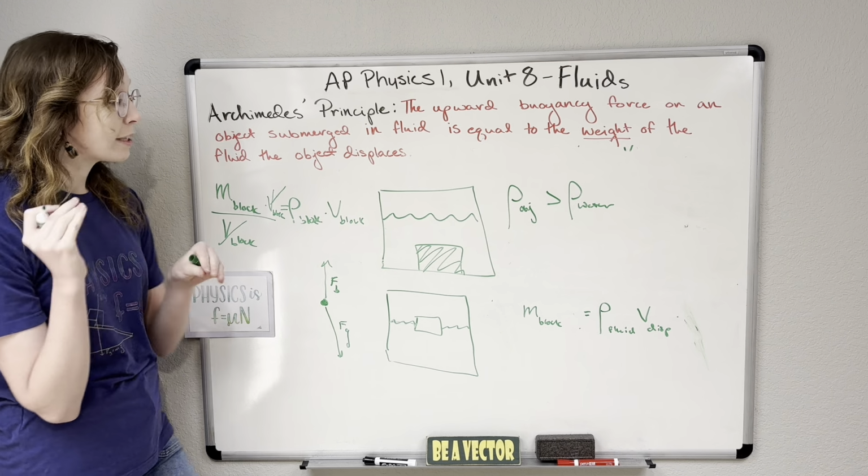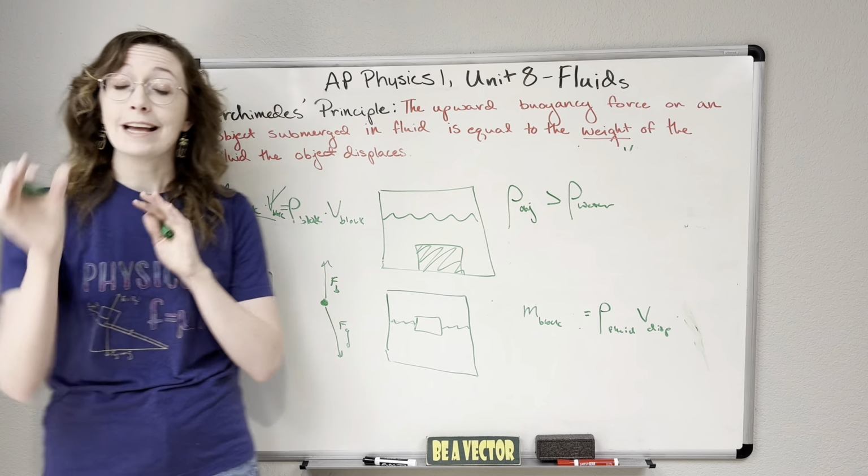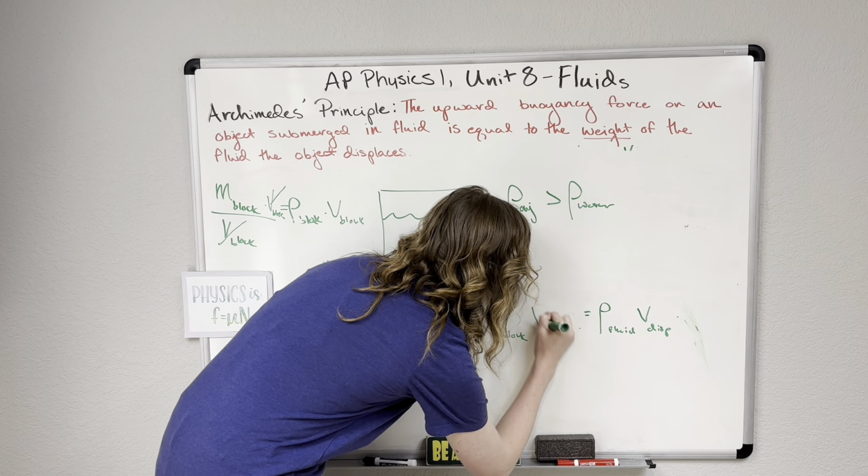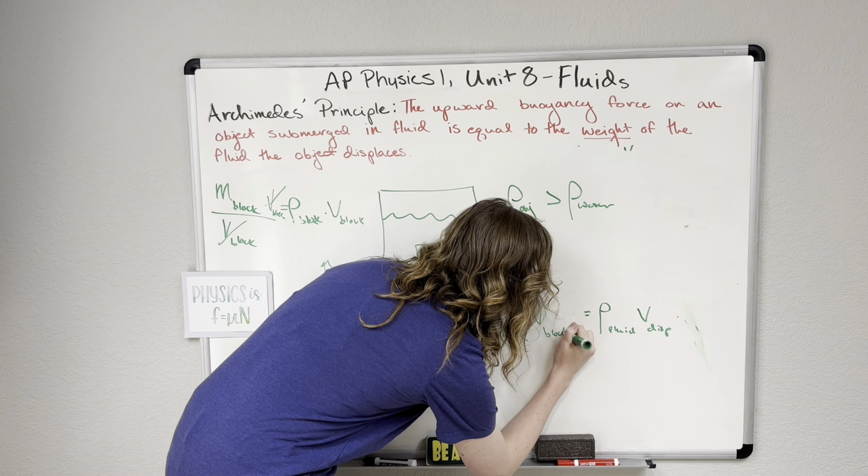So I can write an expression for the mass of my block in terms of density if I just multiply it by volume to cancel out the V that's in the denominator here. So really all this is just the mass of my block. So I'm going to rewrite this here. So I have the density of my block times the volume of my block.